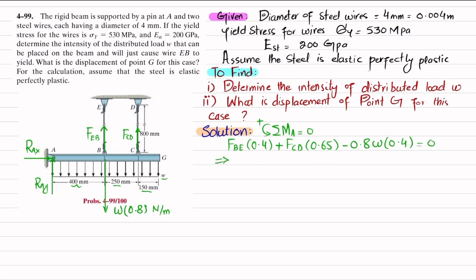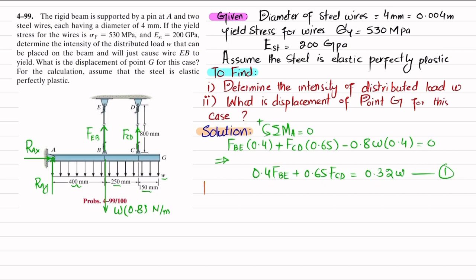From here we get 0.4 times FBE plus 0.65 times FCD is equal to 0.32 W. This is your equation number 1. Now we cannot apply any other equilibrium equation because it will not give you our required answer.